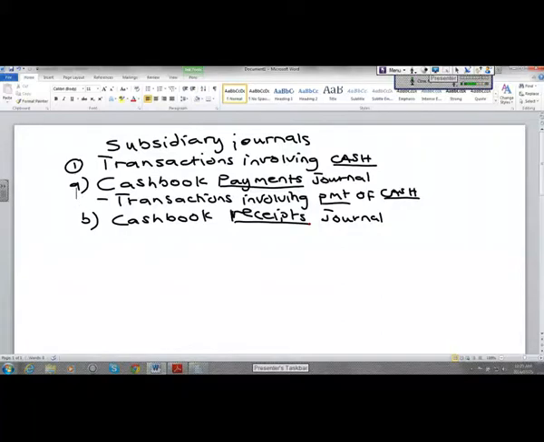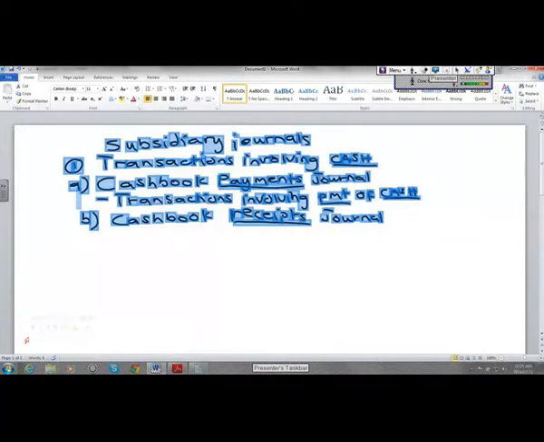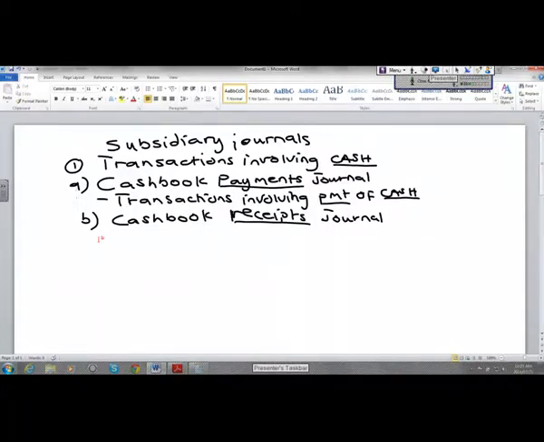So in the cash receipts journal, we are recording transactions involving the receipt of cash. The keyword is cash and the other keyword is receipt. In this instance, we are receiving cash, whereas in the first instance, we are actually paying cash.